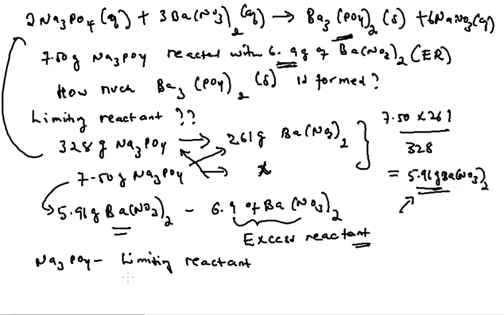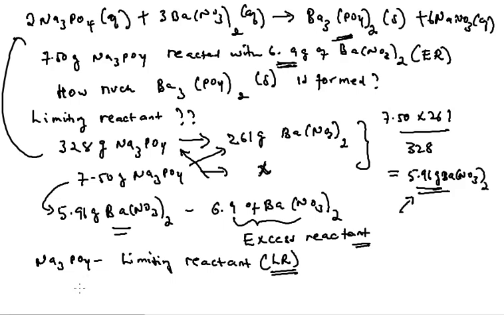So let's see here. Once you know the limiting reactant, we can tell how many products we get. We're going to calculate the molar mass of barium phosphate.